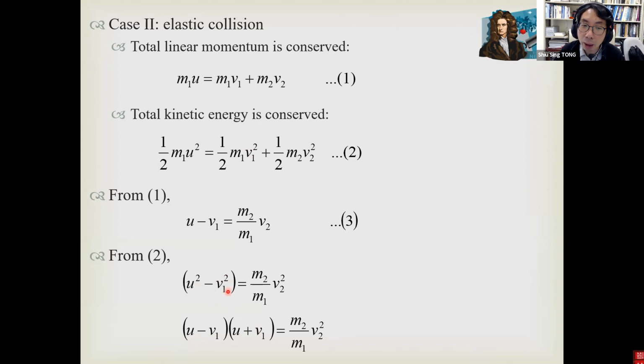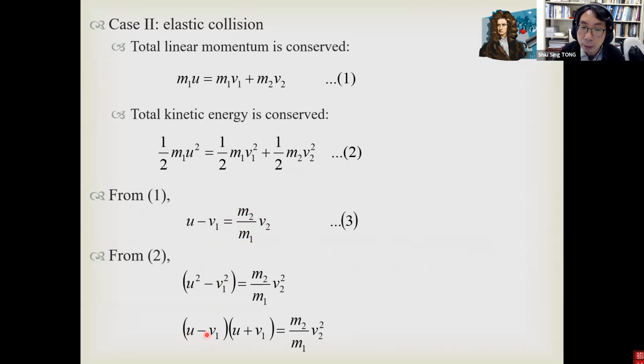So I can expand this bracket into u minus v1 multiplied by u plus v1. But u minus v1 is there, right? In this equation, u minus v1 is m2 over m1 v2.